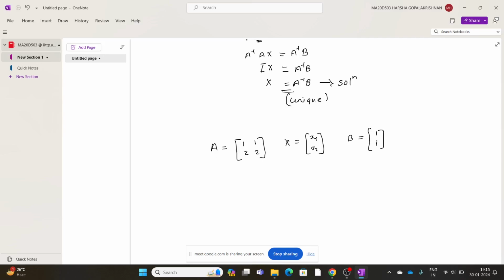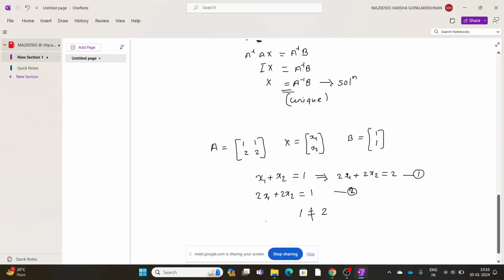In terms of equations, x1 plus x2 equal to 1 and 2x1 plus 2x2 is also equal to 1. If I multiply the first equation with 2, I get 2x1 plus 2x2 equal to 2. This is equation 1 and this is equation 2. See, the LHS is 2x1 plus 2x2 for both, but the RHS is different.